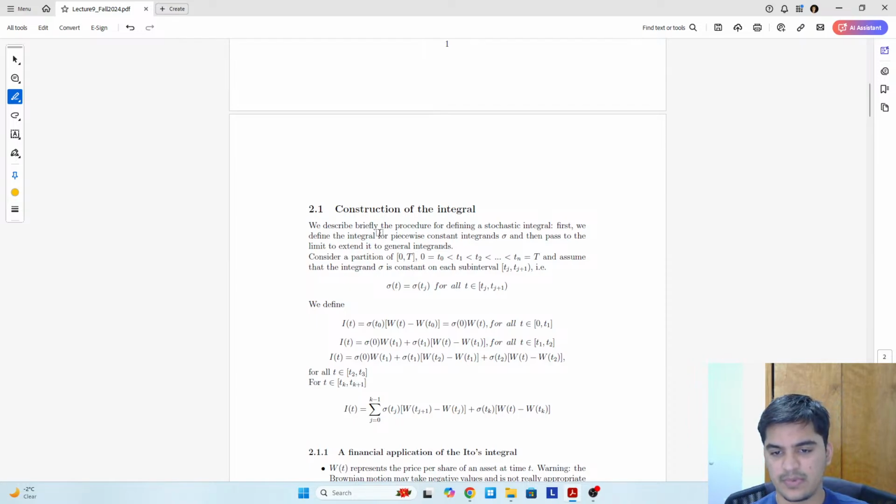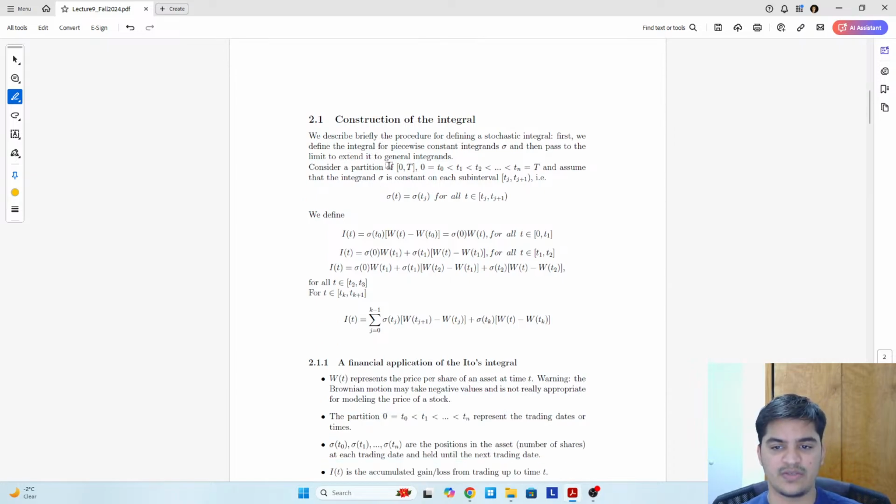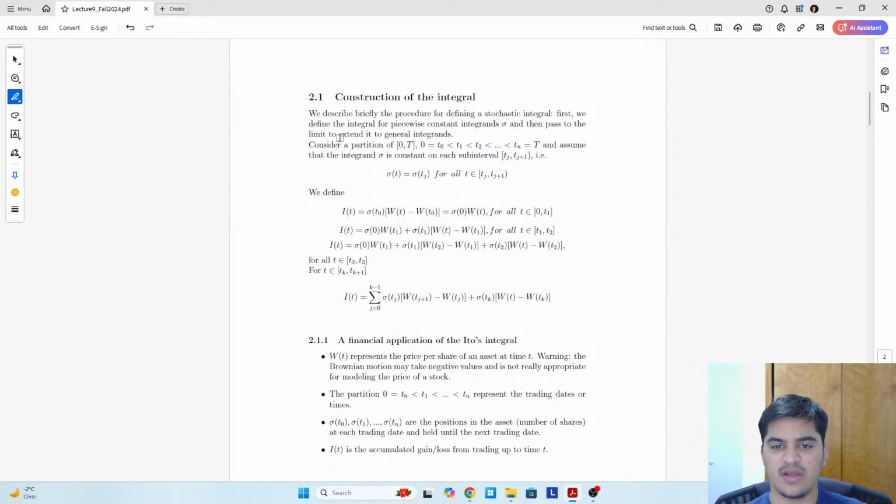We describe the procedure of defining the stochastic integral. First we define the integral of a piecewise constant integrand sigma, and then pass to the limit to extend it to general integrands. For a partition of 0 to t, 0 equals t0, t0 is less than t1, which is less than t2, and so on, and tn is equal to t.